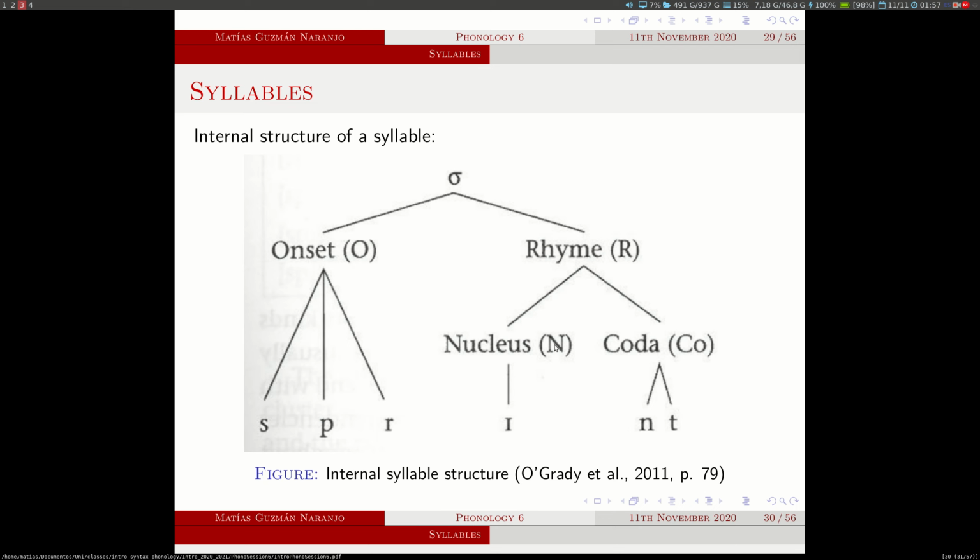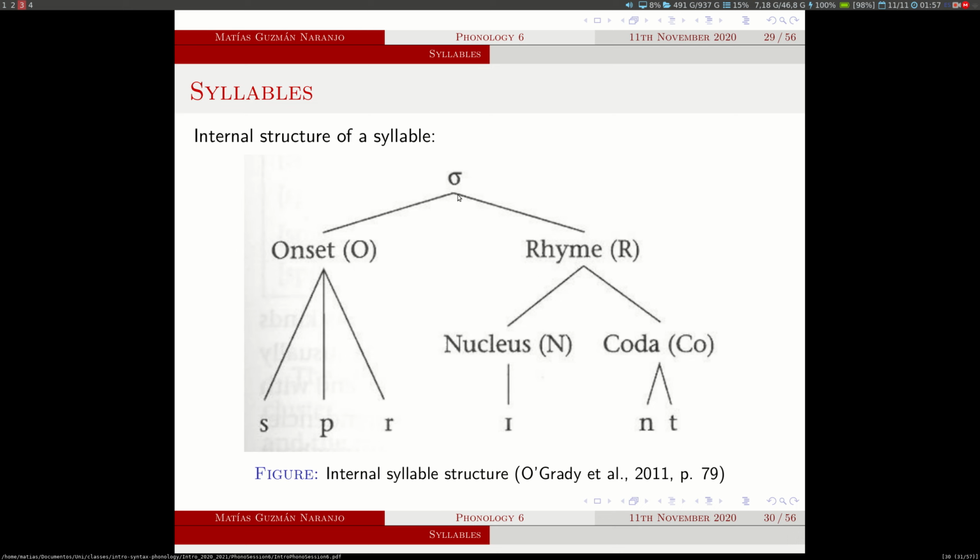We usually assume the following structure of syllables. This is not universal. It might be the most common one, but some people don't quite agree with this. Basically, we represent the syllable with Greek sigma, and syllables have an onset, which is often abbreviated as O, and a rhyme, abbreviated as R, and the rhyme has a nucleus and a coda.